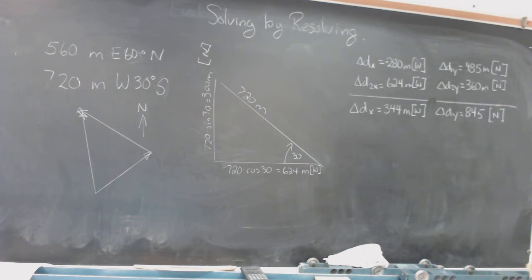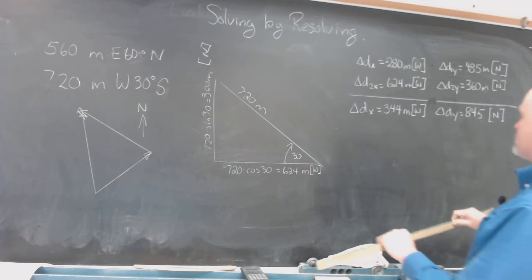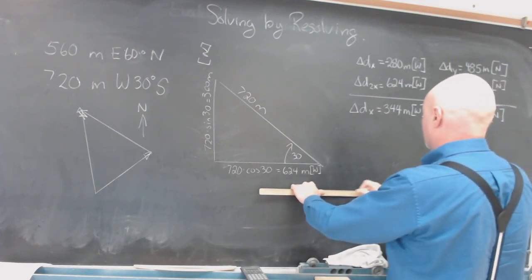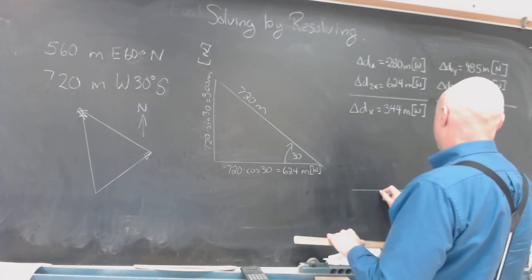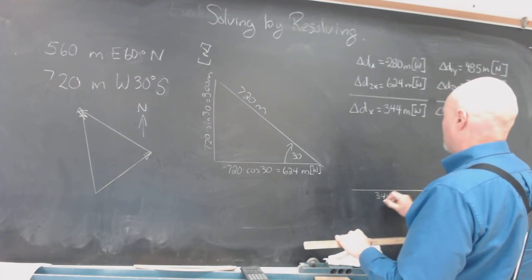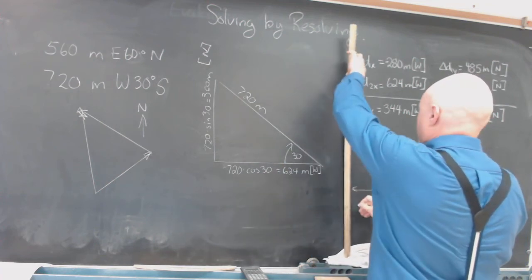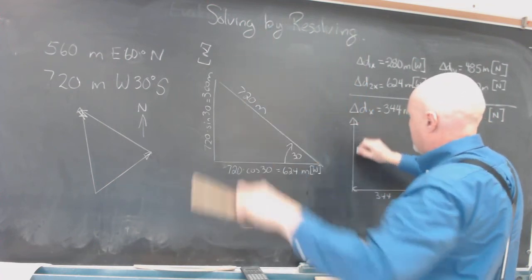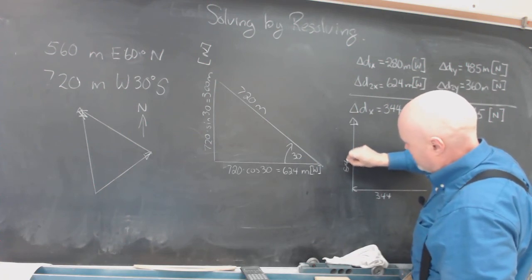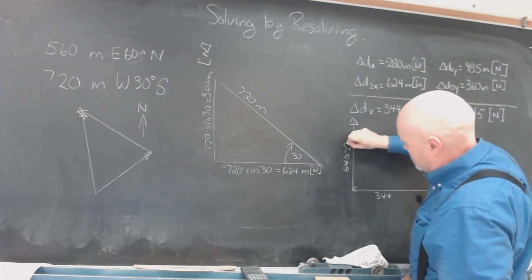And so those are the two components of the final displacement. Now, what I have to do is add these two components together. So there's 344 headed west, and here, totally not to scale, is 845 to the north.